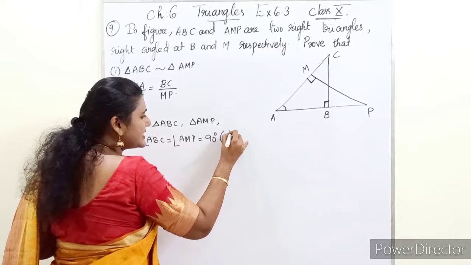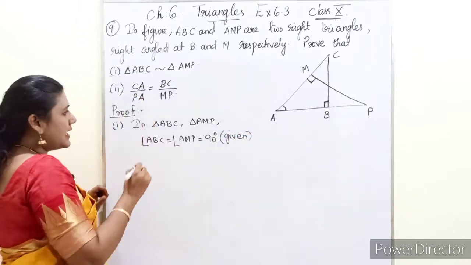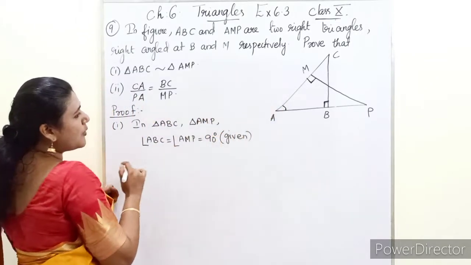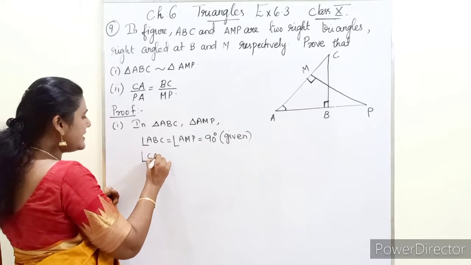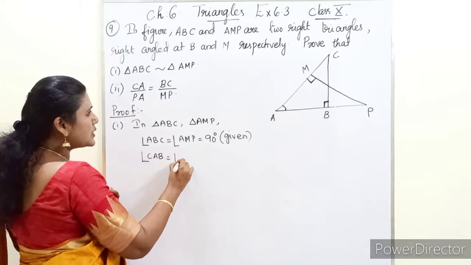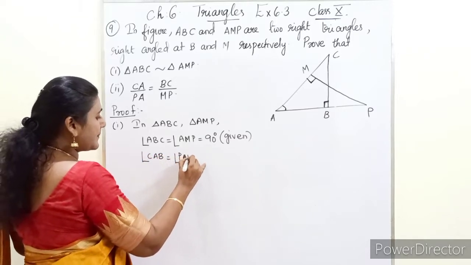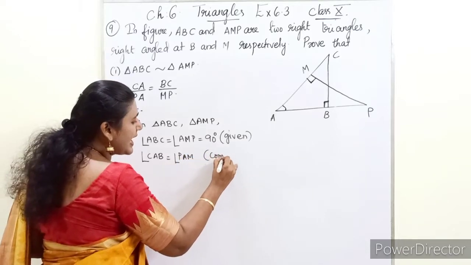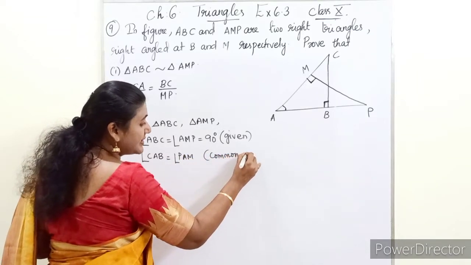So this condition is given in the question. And this angle is the common angle. We can write angle CAB is equal to angle PAM. This is the common angle for both the triangles.